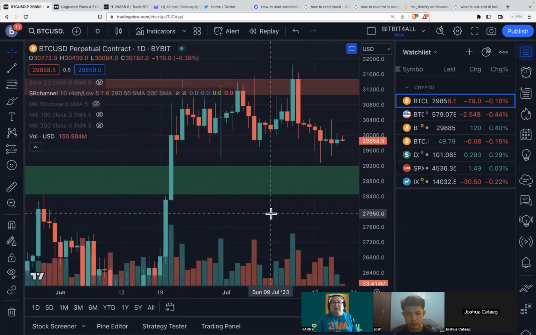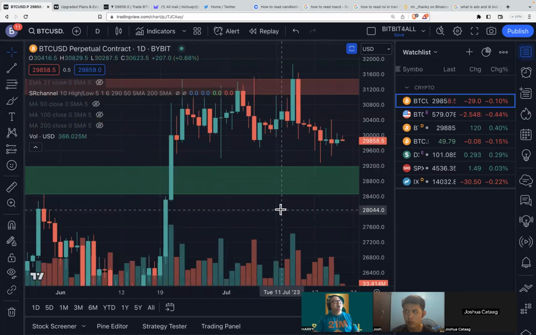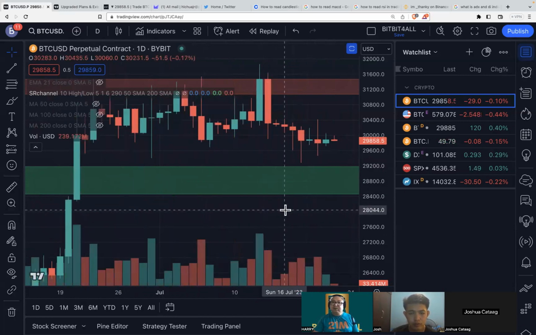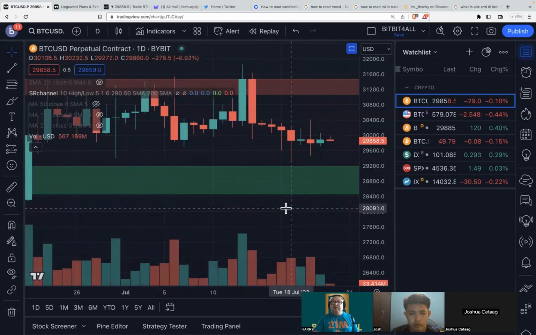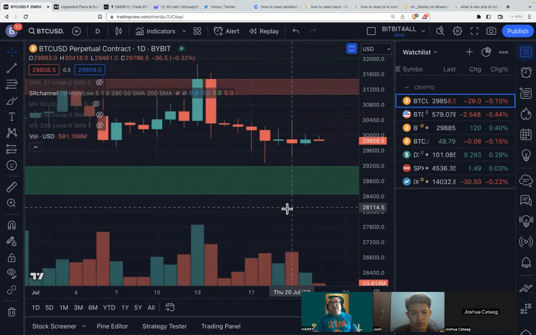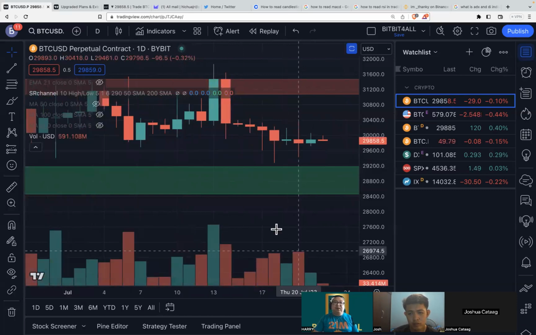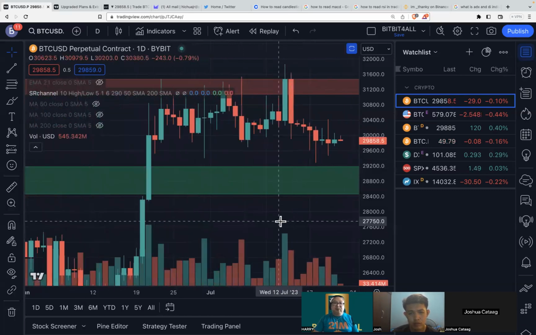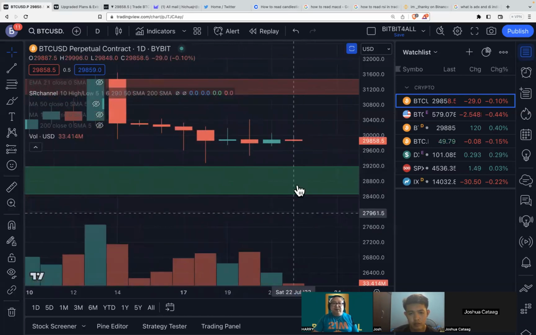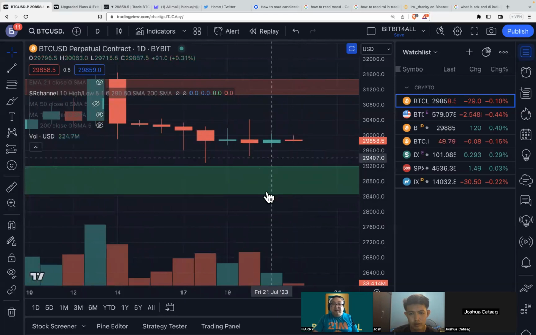More than 13, di ba? Kasi 2009 siya, di ba? 14 years na siya. So meron tayong 14 years of history sa Bitcoin. So sa 14 years history, dito ang mga tao are willing to buy and sell.